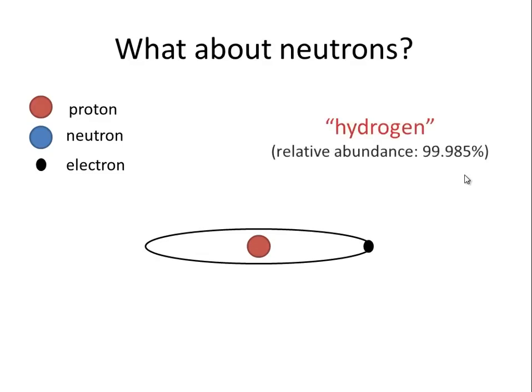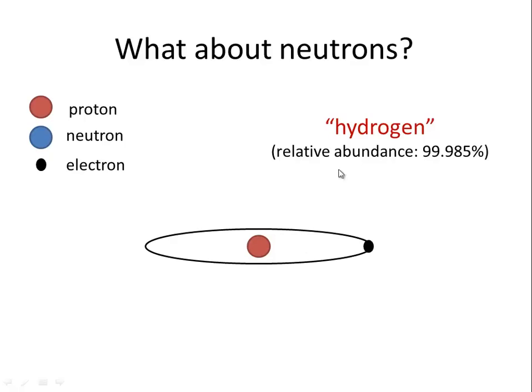The very first atom that we made was hydrogen, right? And I'm just giving you a little extra information here. This is one type of hydrogen atom. You'll notice there's a proton, one single proton, that's what makes it hydrogen, and there are no neutrons in here.